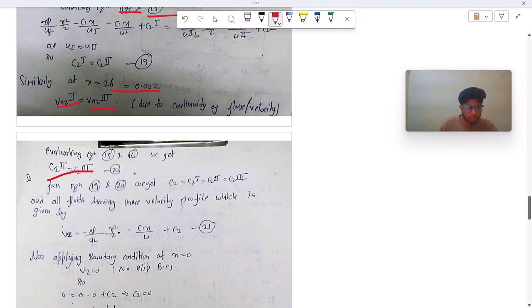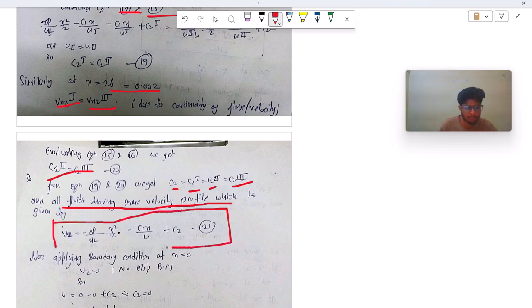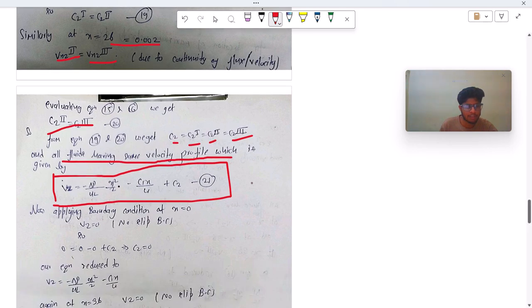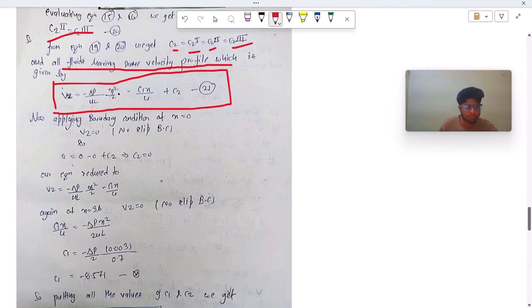So from equations 19 and 20, we get C2 equal to C21 equal to C22 equal to C23, and all fluids have the same velocity profile, given by equation 21: Vz equal to minus delta p upon mu L into x square by 2 minus C1x upon mu plus C2.